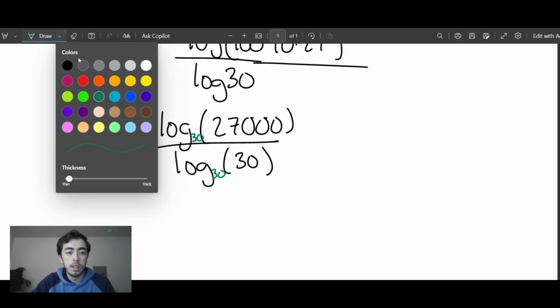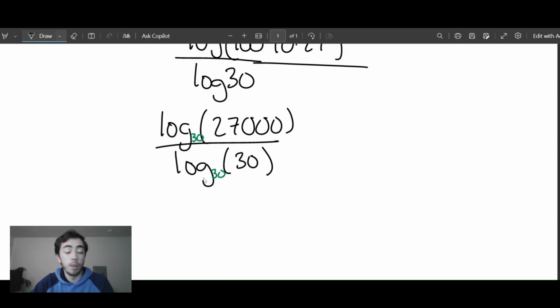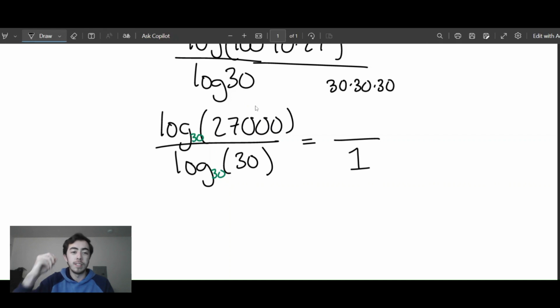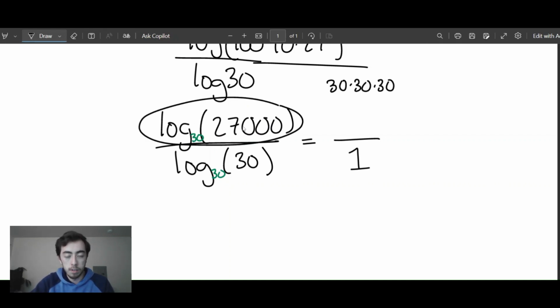In the bottom, this is asking how many 30s do I need to multiply together to get to 30? And that's just going to be one of them. And then in the numerator, if I can show that 30 times 30 times 30 is the same as this number, that is the equivalent of saying that log base 30 of 27,000 is 3, because I've shown that 3 30s multiply to this number.